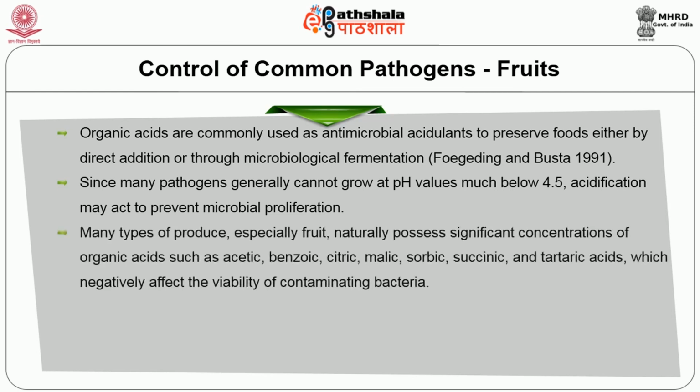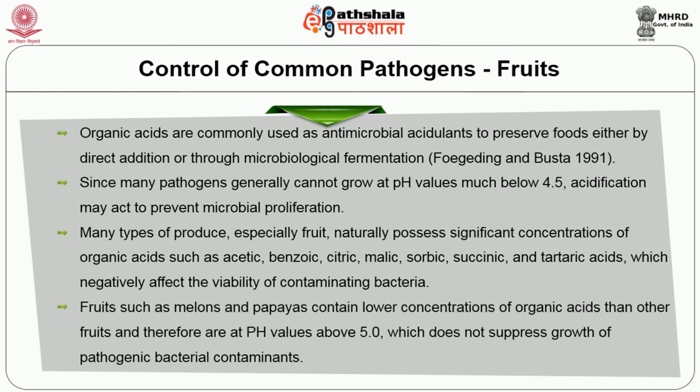Many types of produce, especially fruit, naturally possess significant concentrations of organic acids such as acetic, benzoic, citric, malic, sorbic, succinic and tartaric acids, which negatively affect the viability of contaminating bacteria.